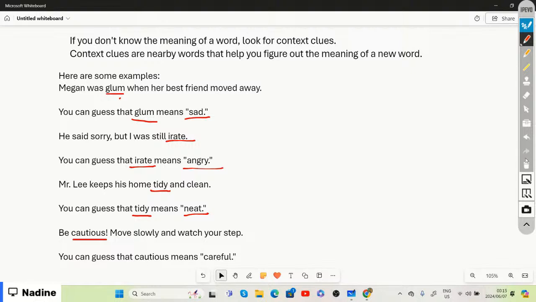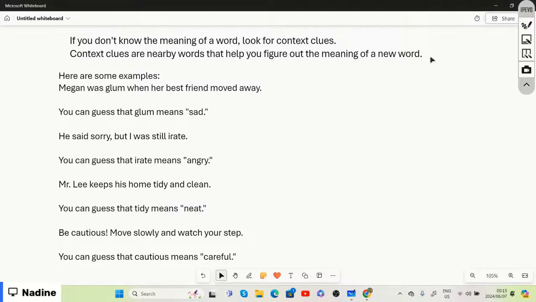So now we're going to aplusstudents.ca and we're going to continue on context clues. Once again, if you don't know the meaning of the word, you're just going to have to look for context clues.